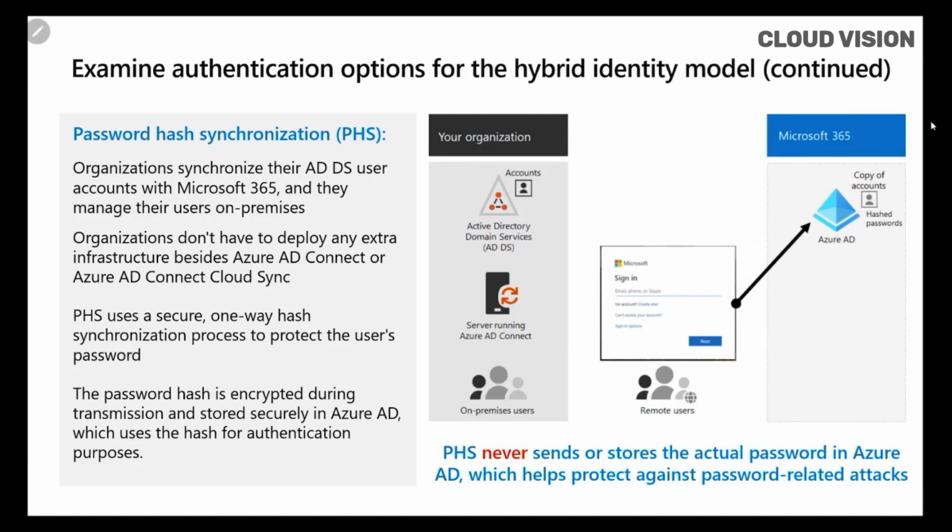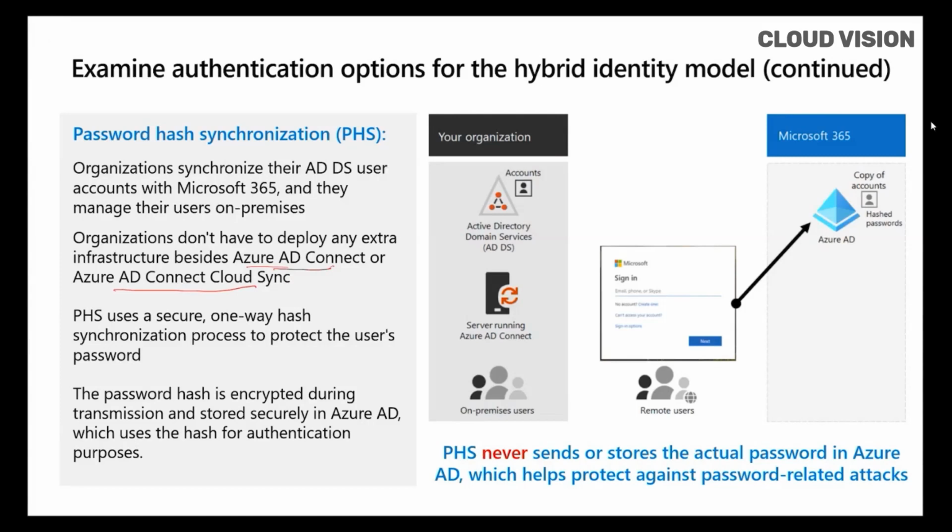So organizations synchronize their ADDS user accounts with Microsoft 365 and they manage their users on premise. Now they don't have to install any kind of additional infrastructure. They can use tools like Azure AD Connect or Azure AD Connect Cloud Sync to set up this kind of authentication solution.